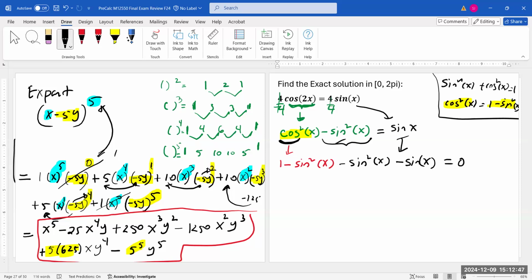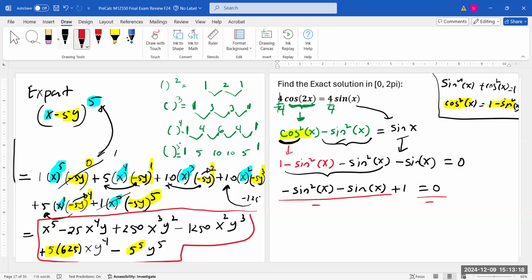We want to bring everything to one side so that our goal is to factor them. Now we have like terms. So negative sine squared x minus sine x plus 1 equals 0. Well, we don't want our sine squared to be negative. We want to start with positivity. So we're going to multiply or divide both sides by negative.